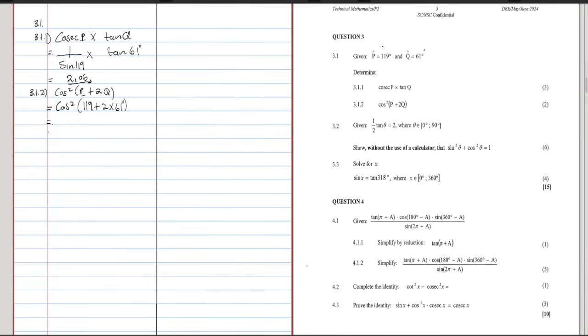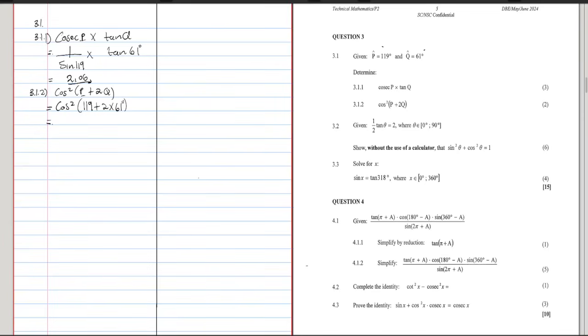Alright, on paper that's how you're gonna write it, but on the calculator this is how you're gonna do it. You first start by opening up a bracket, then you put in cos, and then another bracket. After pressing cos, open a bracket, then you punch in 119 plus 2 times 61. You close the bracket inside, then you close the bracket that you opened initially, the bracket for the cos function. Then you square everything.